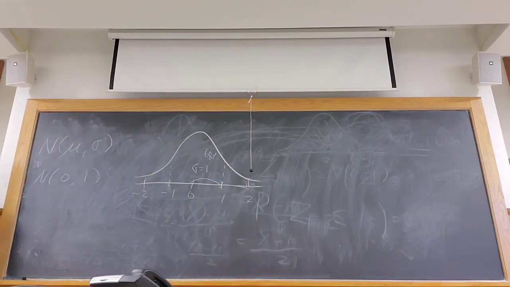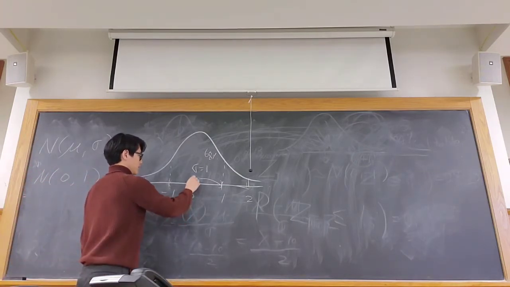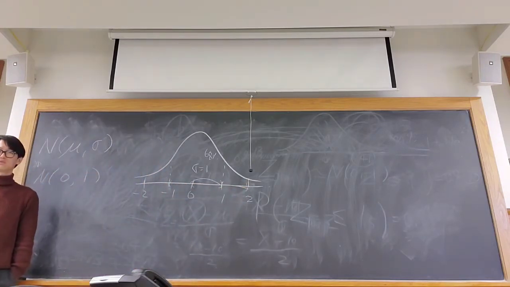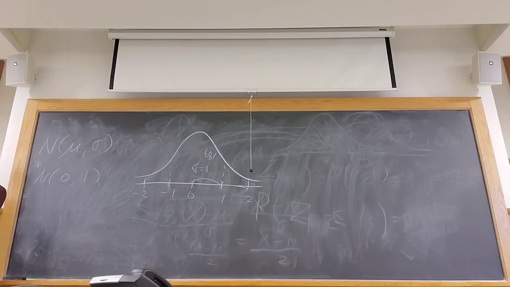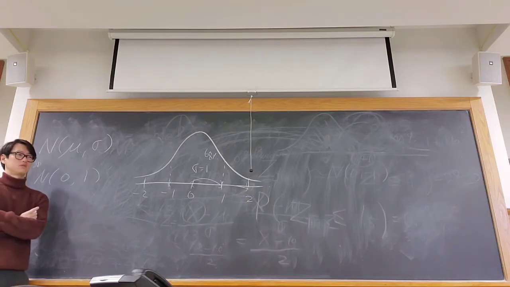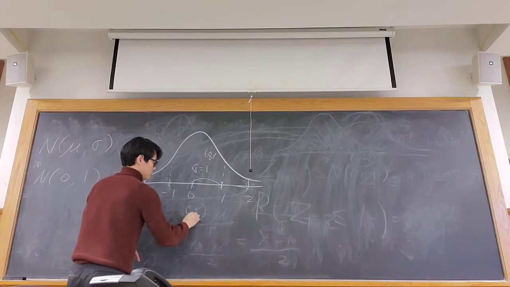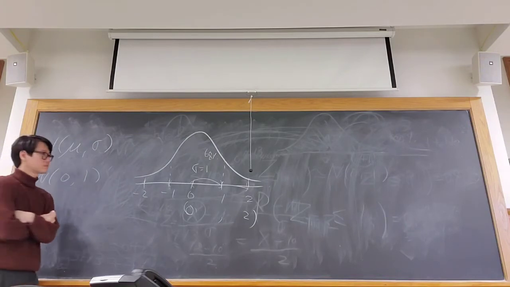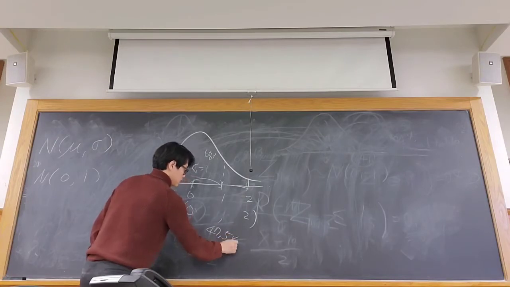So now my question is, if I change the range to, let's say, from 0 to 2, what percent of your data will fall within that range? Half of that. Half of it. Half of that will be 47.5.